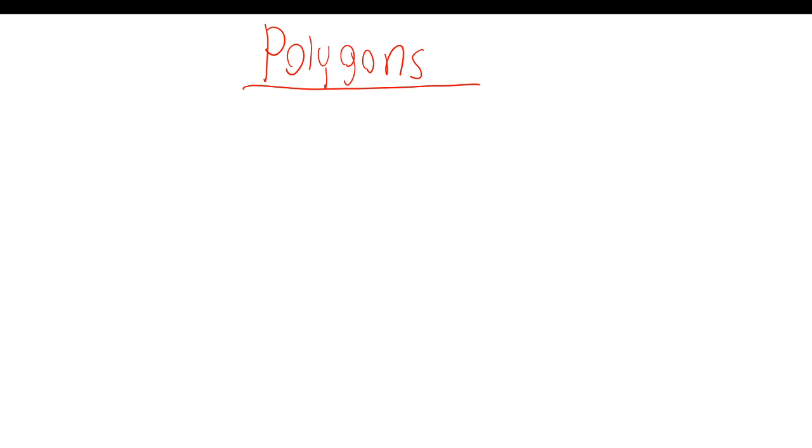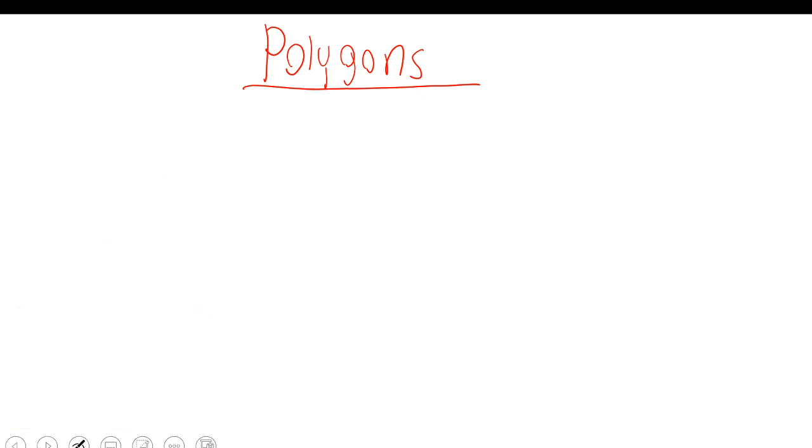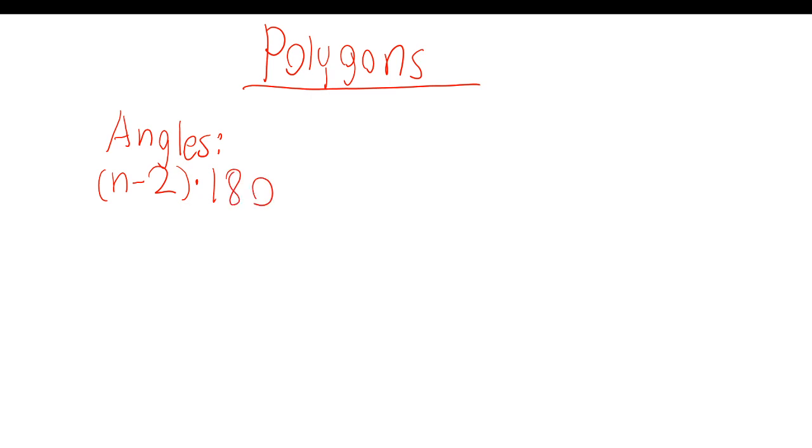Now, we don't really care about classifying polygons. In MATHCOUNTS, you're not going to be asked to classify them. You're going to be asked to find angles and side lengths. So let's get into the angles. Angles in a polygon is pretty simple. To find the sum of the angles in a polygon, we use the formula (n minus 2) multiplied by 180 degrees.